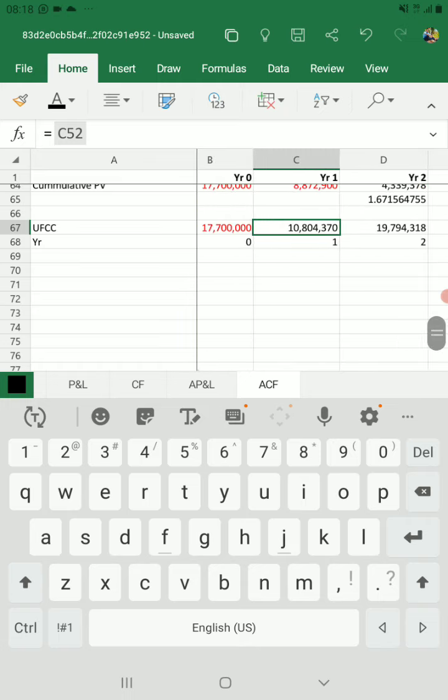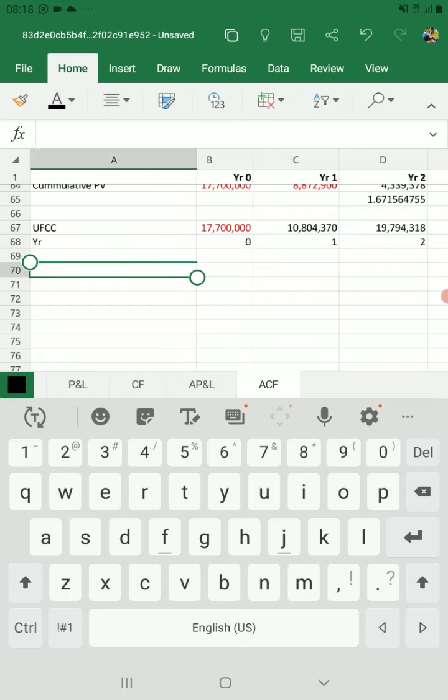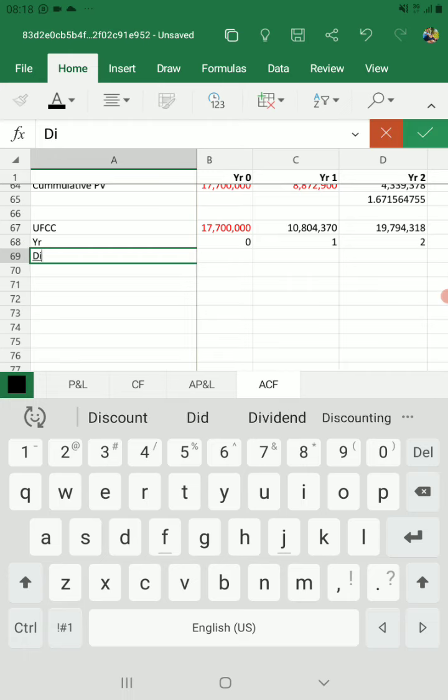And for positive future cash flows, that means we need to compound them to get the future value at the end of the period. So I'm going to put here the computation for compounding factor.